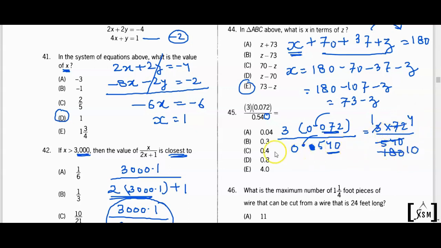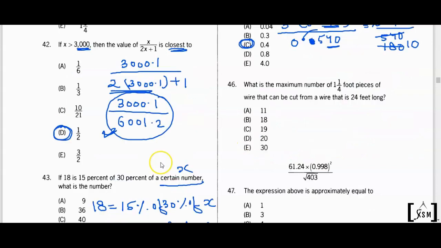Try question number 46. Number of 1/4 foot pieces of wire that can be cut from the wire that is 24 feet long. So we have a long wire of 24 feet. So we have to find how many wires can we get. So length of wire divided by each smaller length.